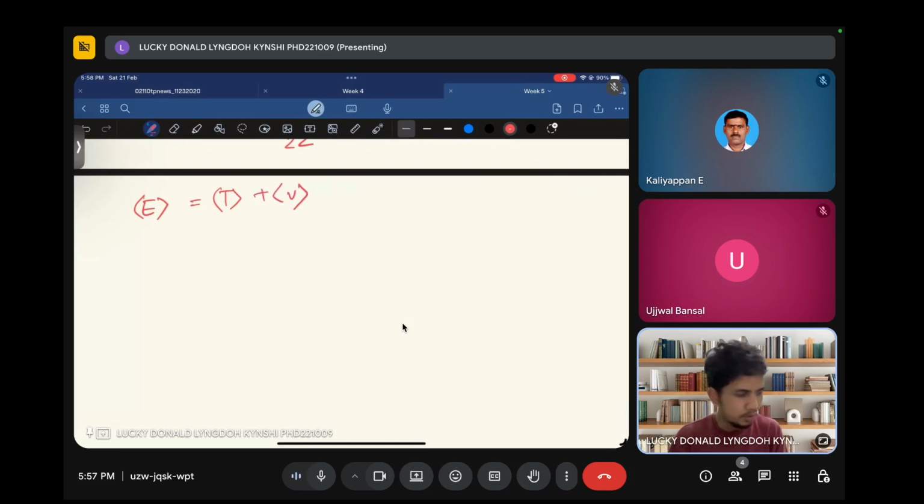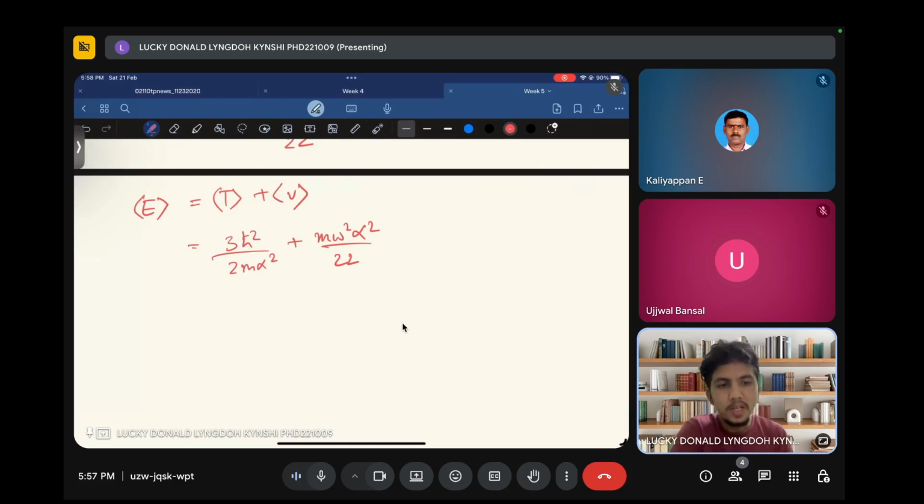You put the values, you will get 3h cross square by 2m alpha square plus m omega square alpha square by 22. This is what we have just solved, right? The expectation value for your kinetic energy and for your potential energy.